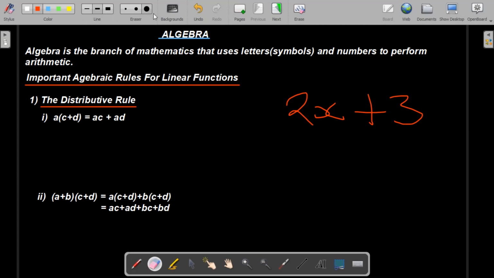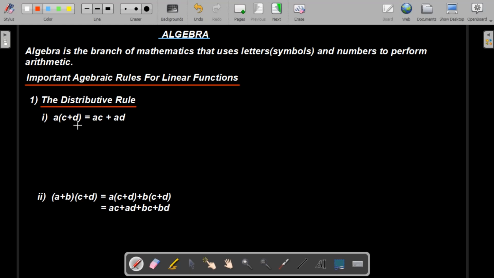Okay, we move on to rule number 1. Rule number 1 is what we call the distributive rule. The word distributive simply means distribution, so you are distributing something.